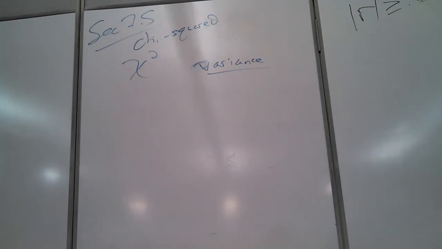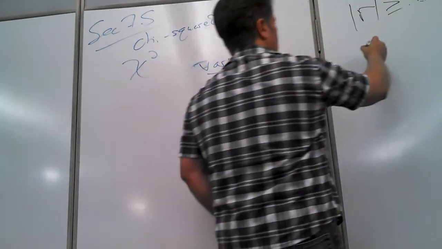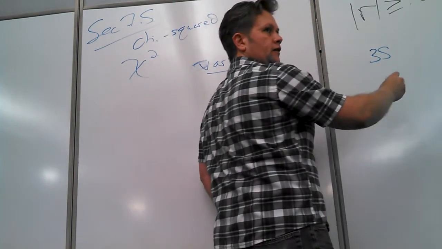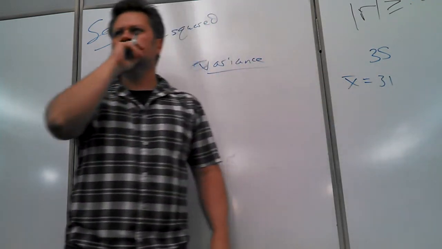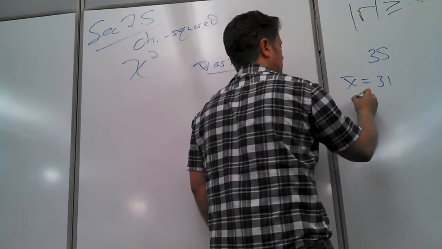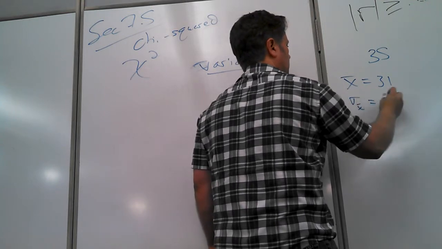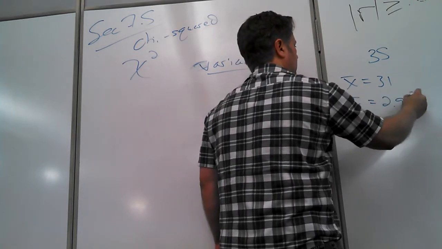So if I take a sample, I know its average is not going to be the same as the average of everybody. You with me? Right? So if the real average age was 35, and I take a sample and I get 31, and the new standard deviation is 2.98.